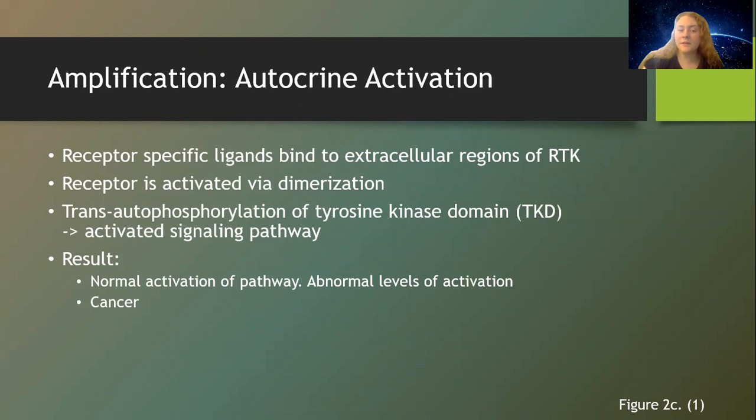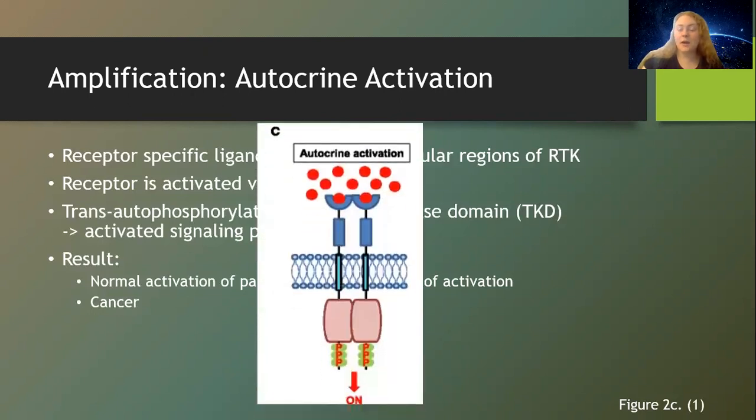In autocrine activation, you are basically having normal activation of the pathway, but you're having abnormal levels of activation. For example, in this figure, you can see that there are way more ligands than there usually would be.